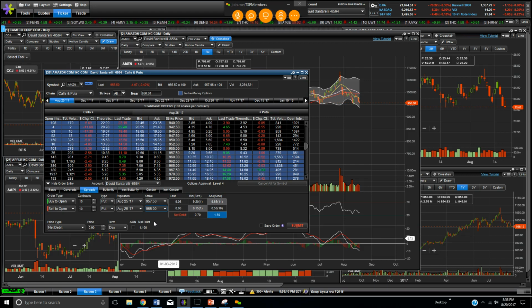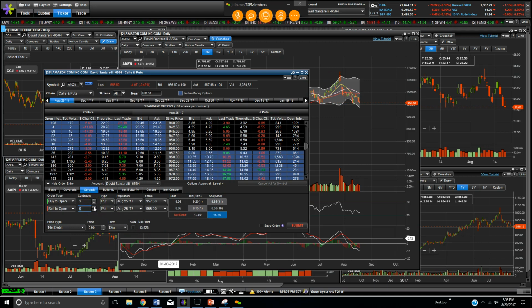If you bought this put spread, your max risk is $110. Like I said, you have to multiply your options by 100 because there's 100 shares in a contract. So this one spread for one single contract, if you just type in 1 and 1, it's only going to cost you $110. So you could increase that to 5 contracts.